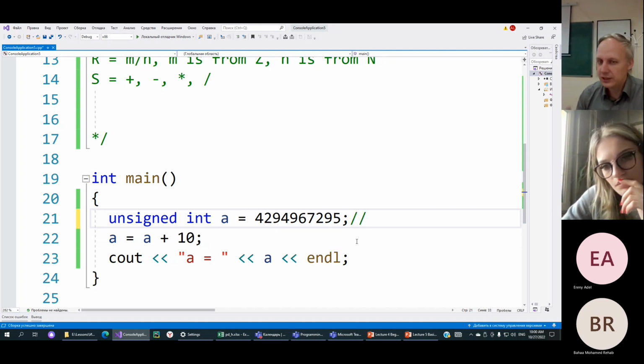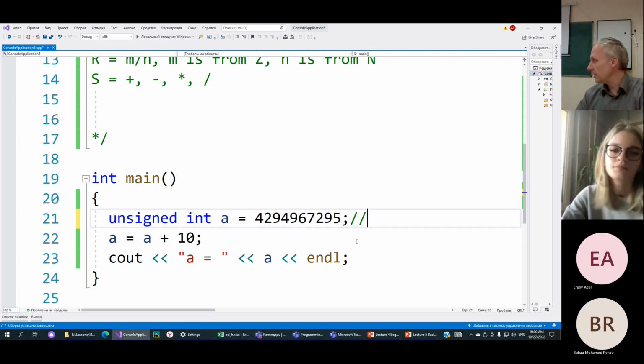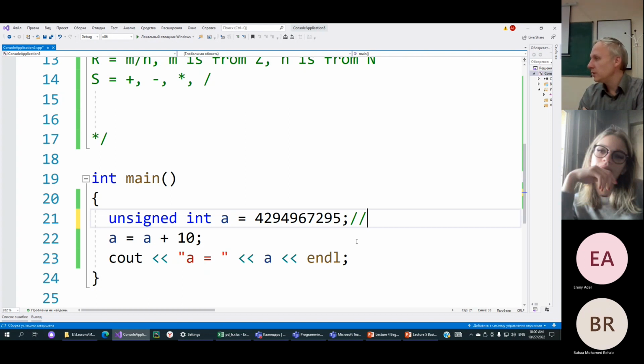This number depends on the representation of integer numbers in the computer. And this representation in turn depends on the binary system of notation. Maybe later we will discuss the binary system.